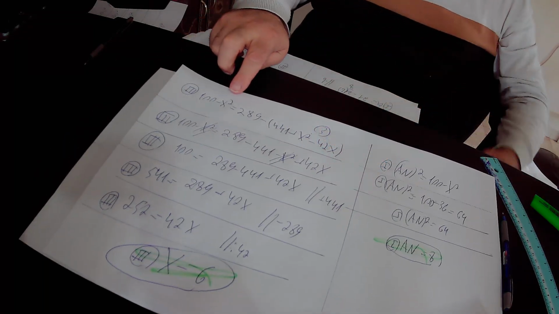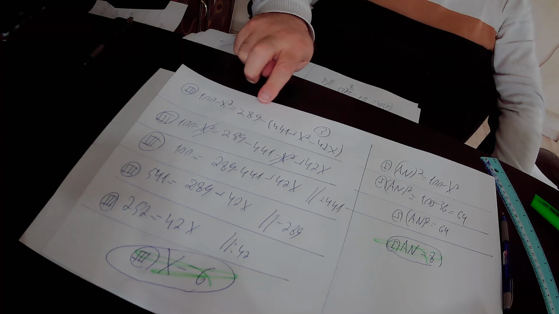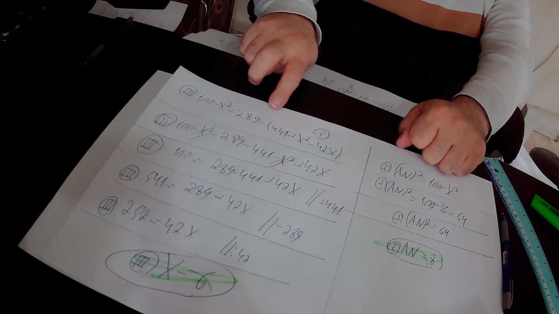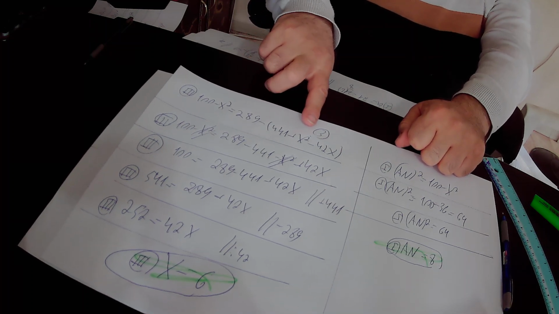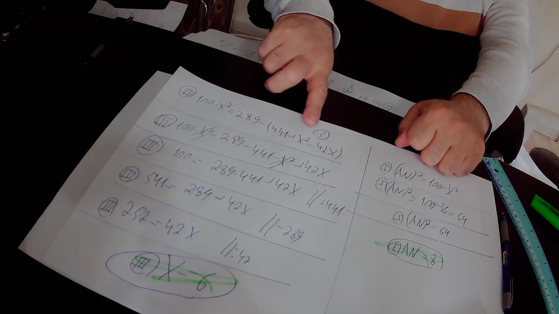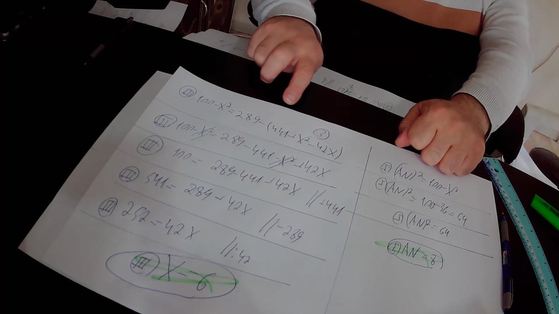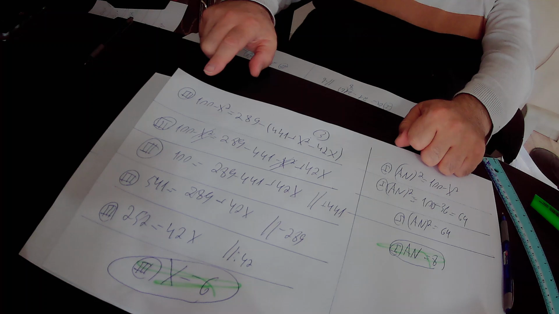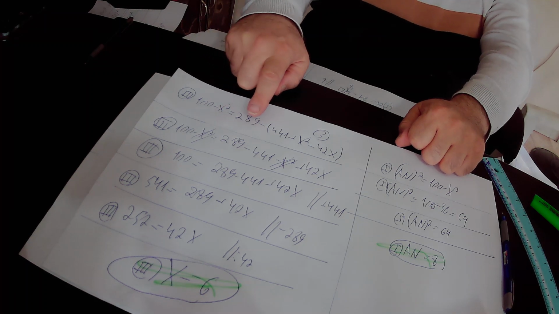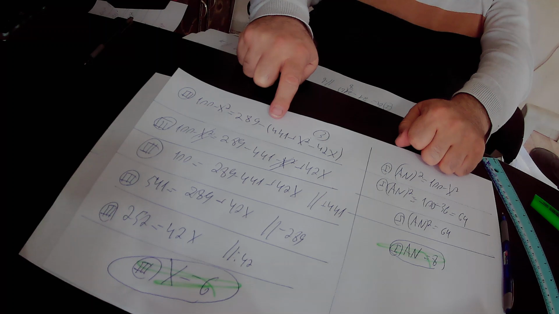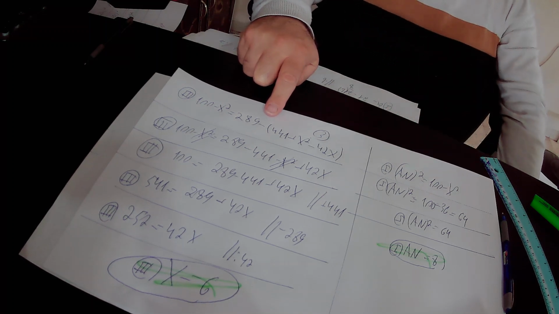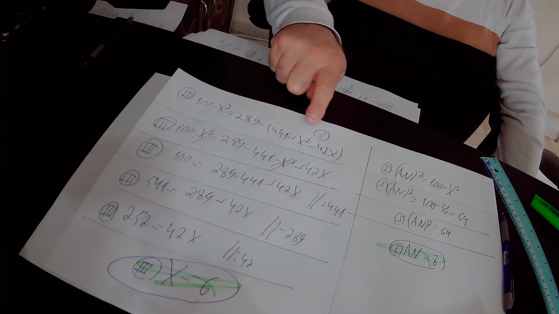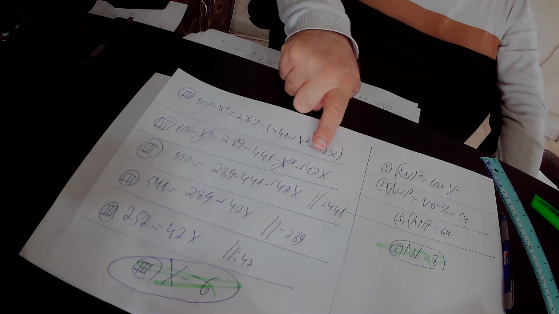that 100 minus X square equals 289 minus, and (21 minus X) square equals 21 squared, that is 441, plus X square minus 2 times 21 times X, that is minus 42X. The next step, we open the brackets of this expression and found out that according to equation 3, 100 minus X square equals 289, and we have minus before the brackets, so this expression after we open the brackets will be equal to minus 441 minus X square, and minus times minus is plus, so minus 42X is plus 42X.